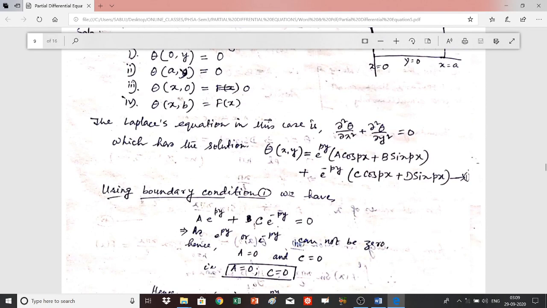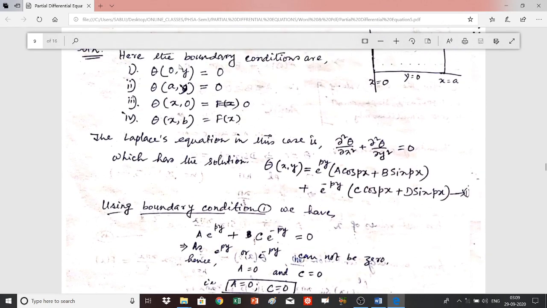Now using boundary condition number 1, that is theta equal to 0 when x equal to 0, write this in this expression. The first term will give you e to the py, then a cos px, which gives 1. So a e to the py, then plus b sin px will give you 0, since sin px gives 0.